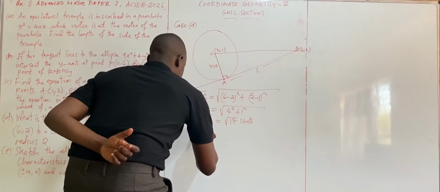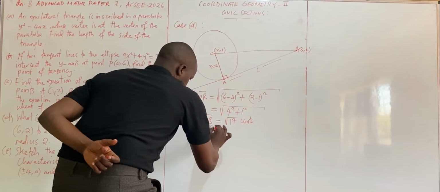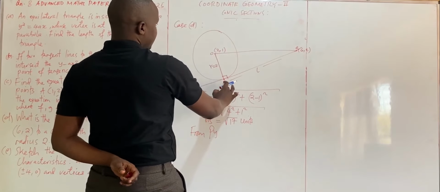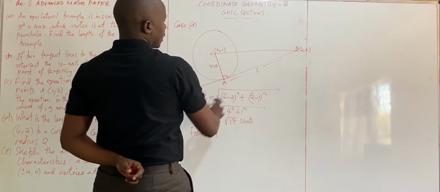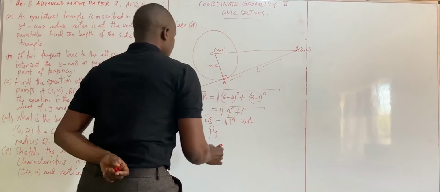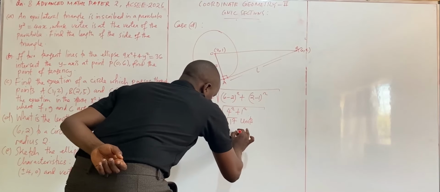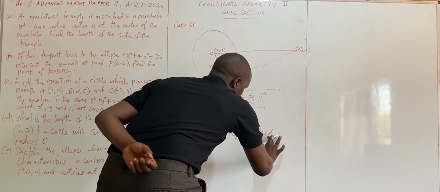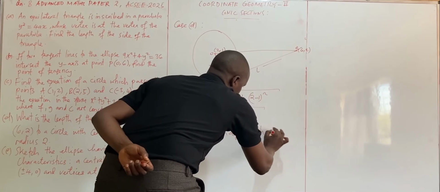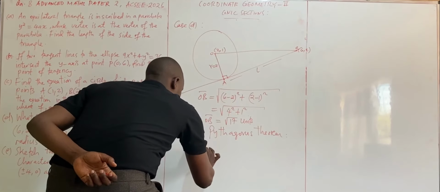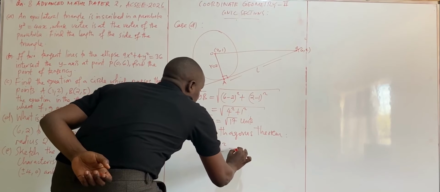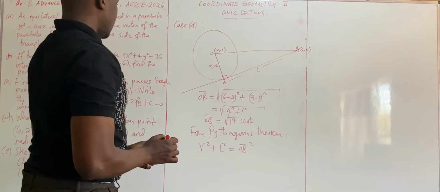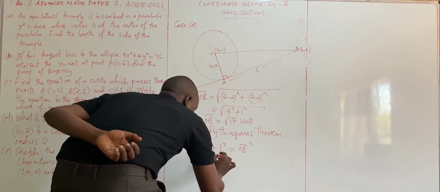Now, from Pythagoras theorem, because here we have a right-angled triangle, since the radius of a circle is perpendicular to the tangent line at the point of tangency, we have r squared plus L squared equals OB squared, the length of line segment OB squared. Now, what we need here is L squared.